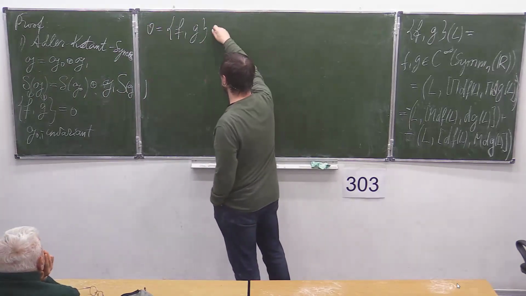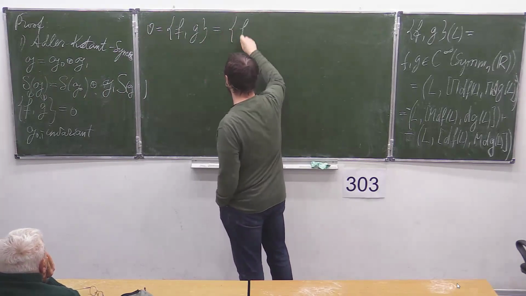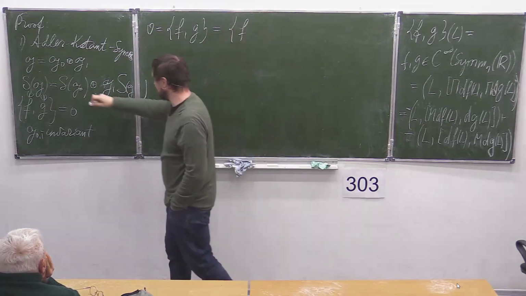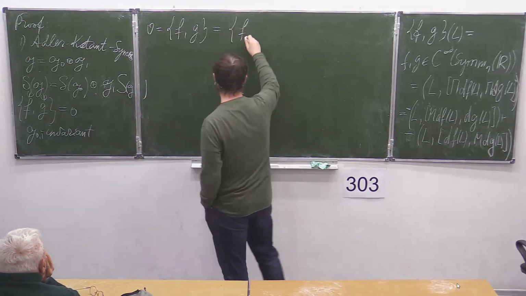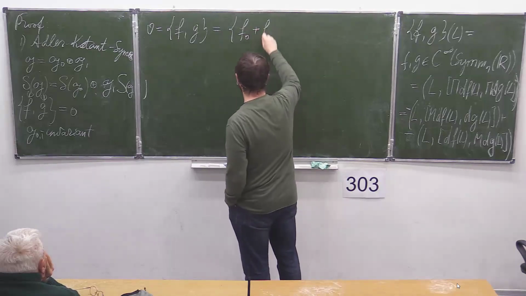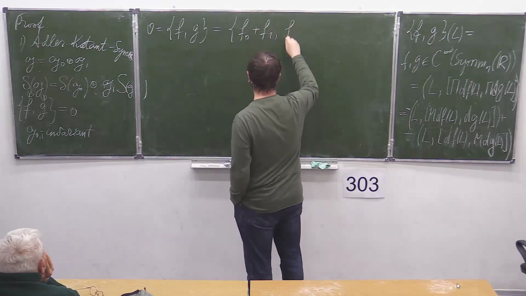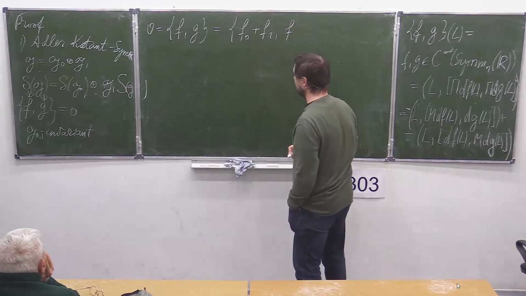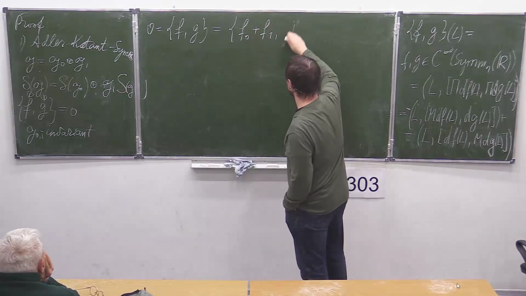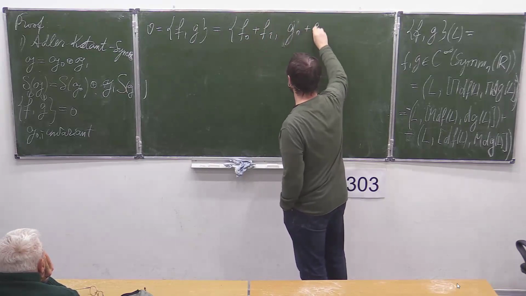So you get f as the sum of an element here and here, and G is G0 plus G1.